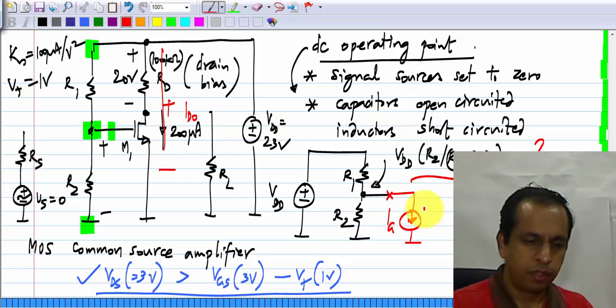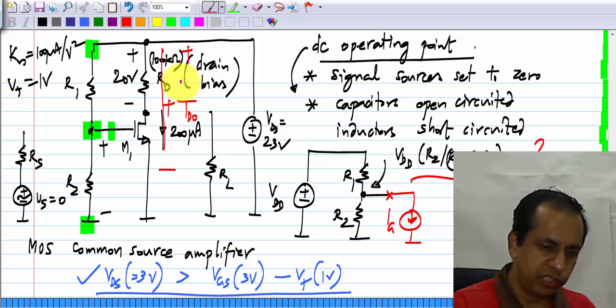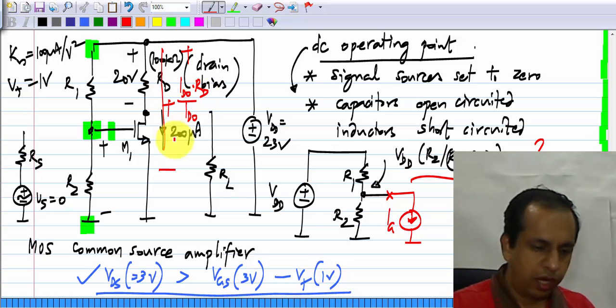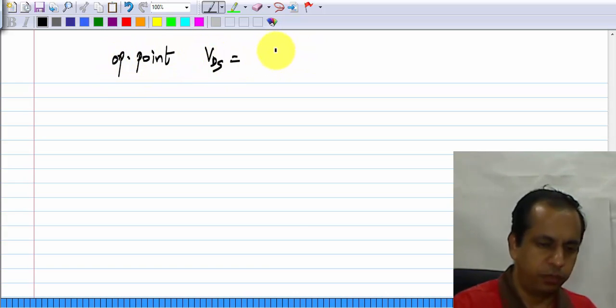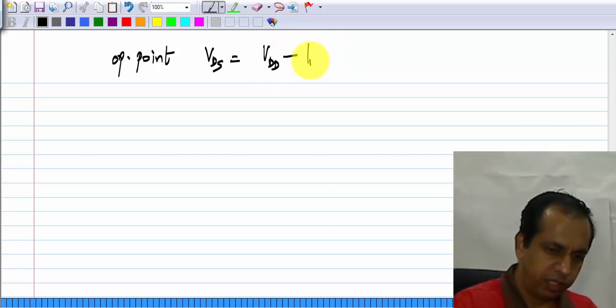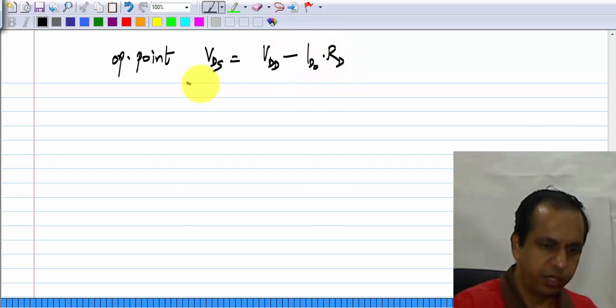Okay. So, the voltage drop across this is ID0 times RD, and the voltage drop across the transistor, VDS at the operating point, VDS equals VDD minus ID0 times RD.